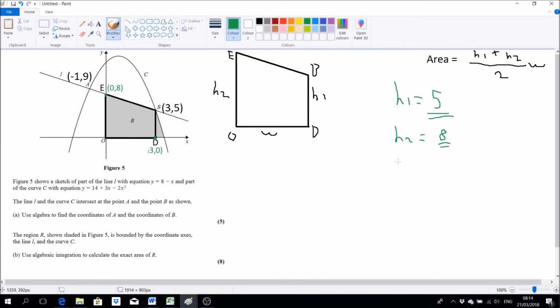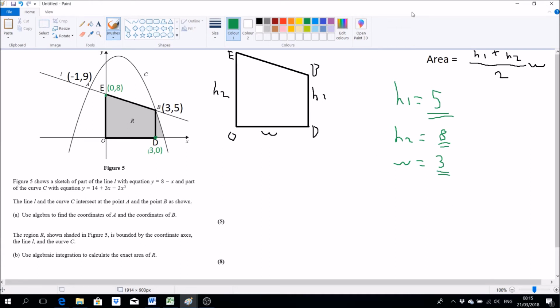OD, which is the width, is equal to 3, because from the origin to D is simply 3 units, so there's 3 units between them.